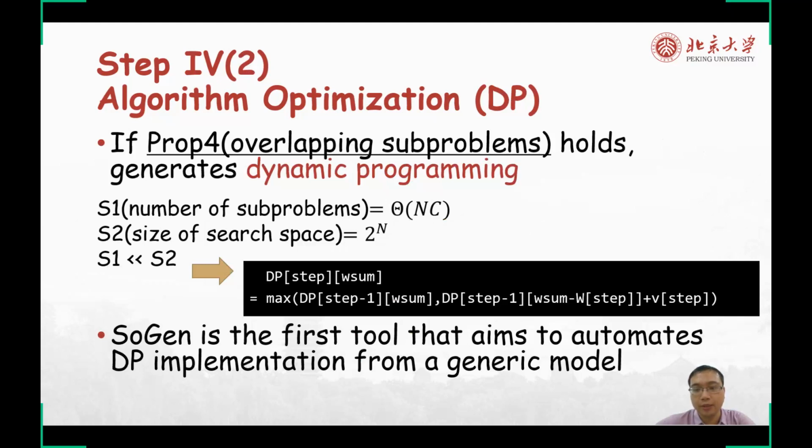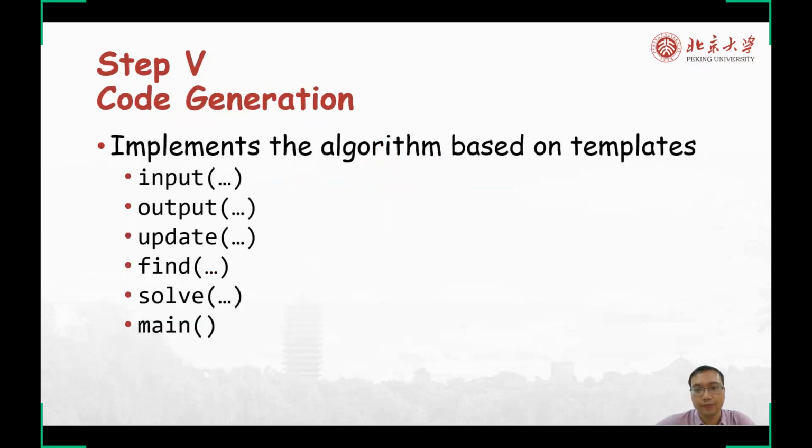It's worth mentioning that SoGen is the first tool that aims to automate DP implementation from a general constraint model. Finally, SoGen implements the designed algorithm based on 6 predefined templates and returns the code of the solver program.